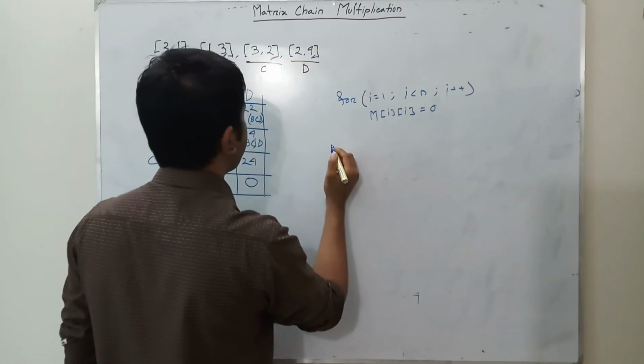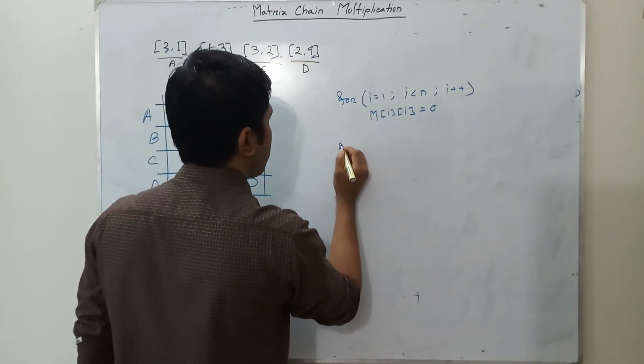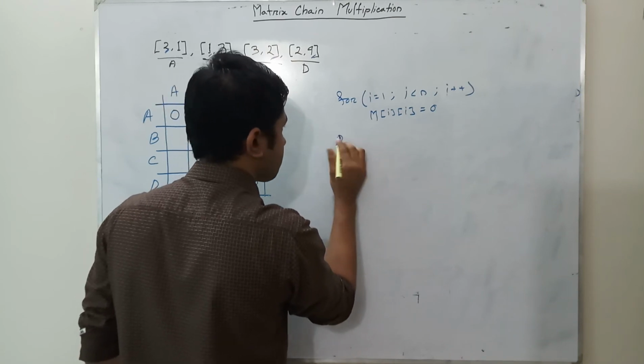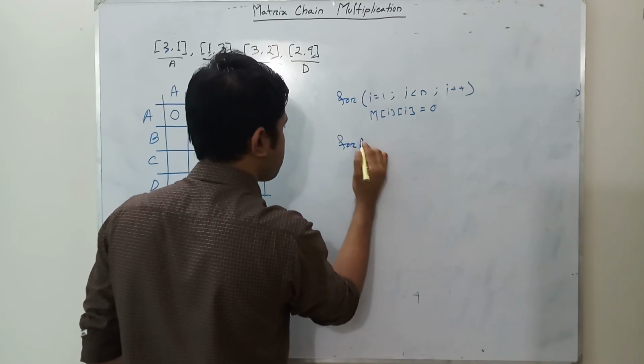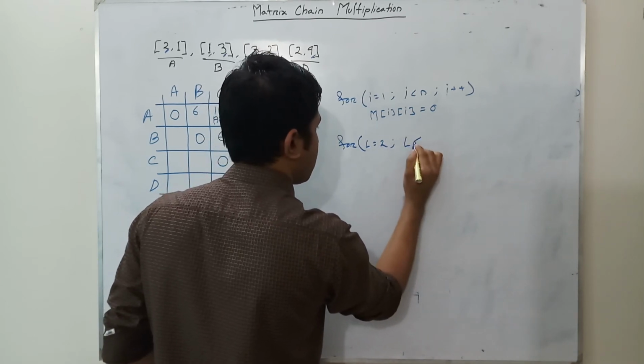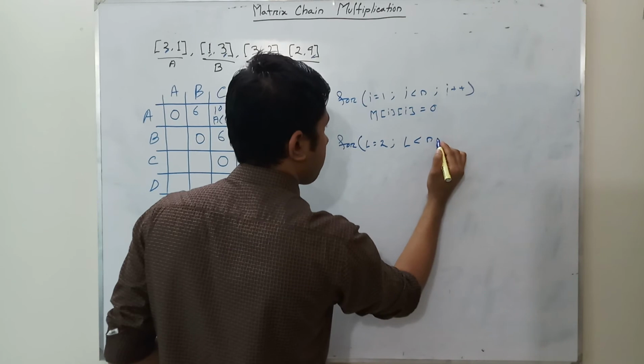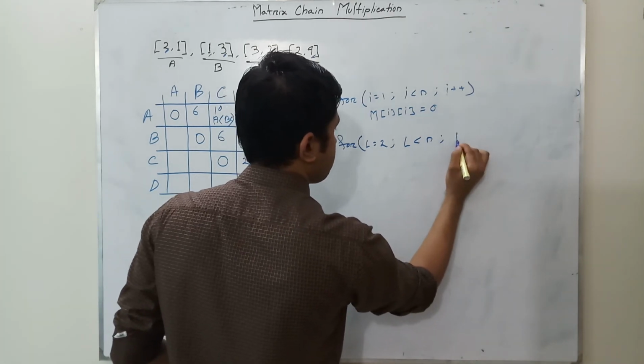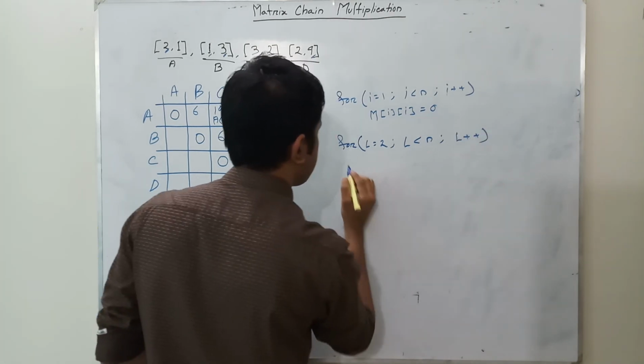Now we will see for when the chain length will be more than 1, for L equal 2, L less than number of matrices, L plus plus.